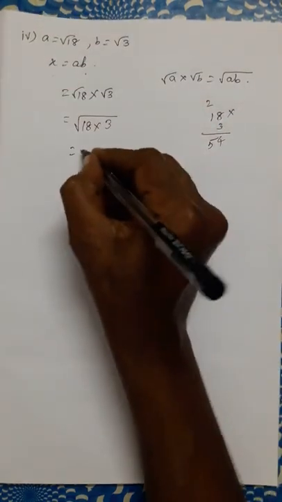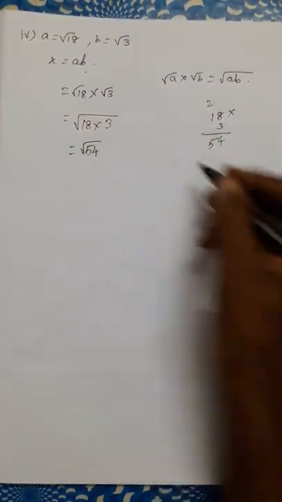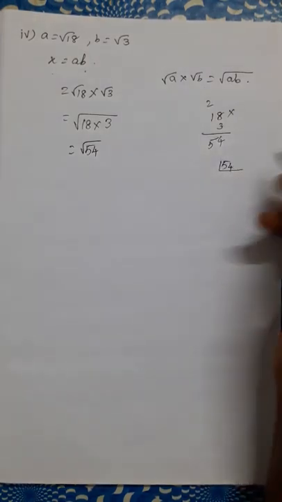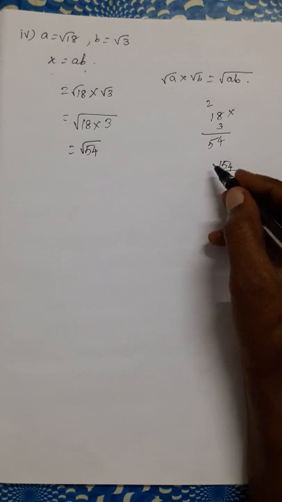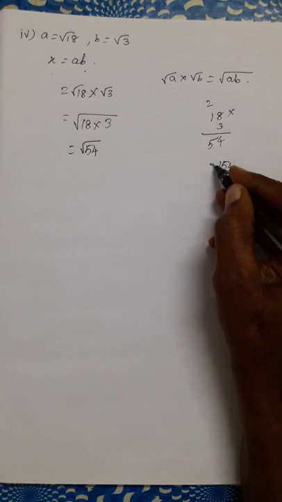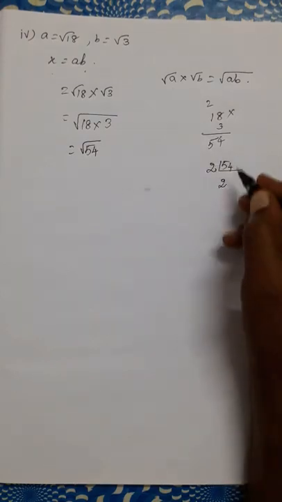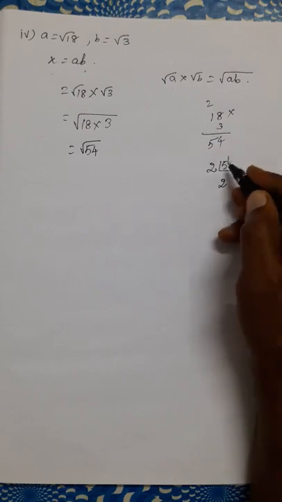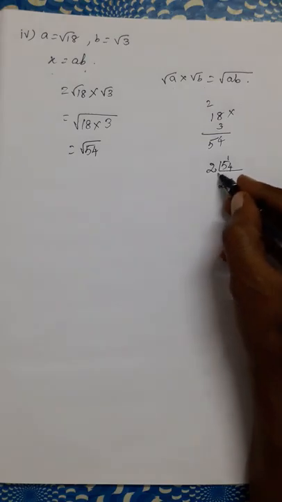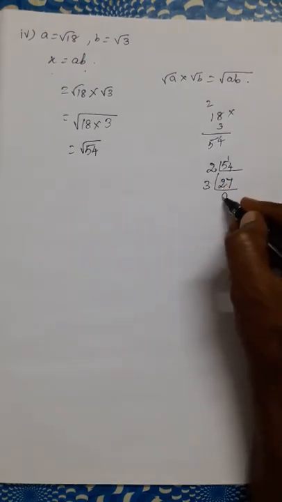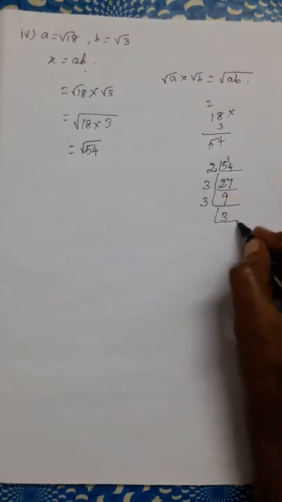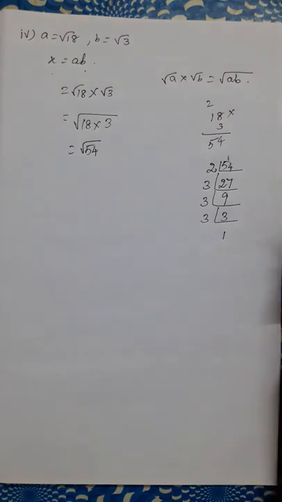54. Root 54 can be factorized. When we factorize this 54, what do we get? Which table? 2 table. 2 twos are 4, 1 balance. Next 14. 7 twos are 14. Next which table? 3 table. 9 threes are 27. Again 3 table. 3 threes are 9. 3 table. 1 three is 3.